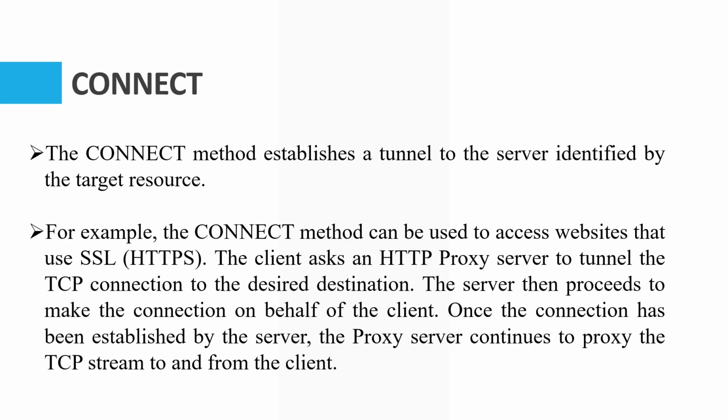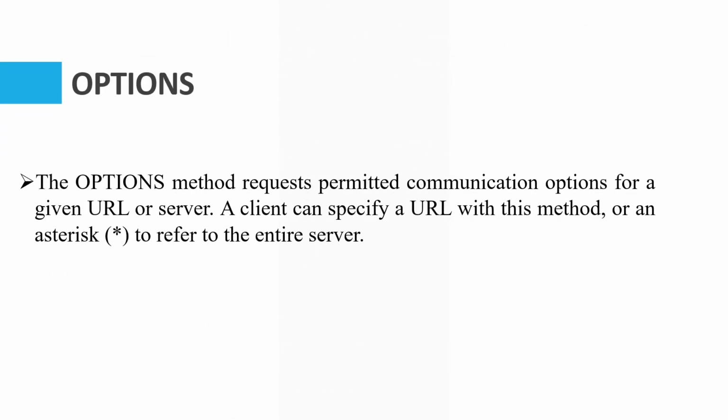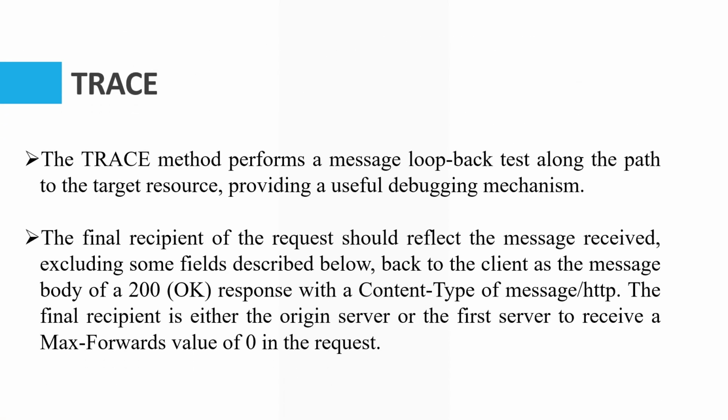Once the connection has been established by the server, the proxy server continues to proxy the TCP stream to and from the client. The OPTIONS method requests permitted communication options for a given URL or server. A client can specify a URL with this method or an asterisk, *, to refer to the entire server. The TRACE method performs a message loopback test along the path to the target resource, providing a useful debugging mechanism.